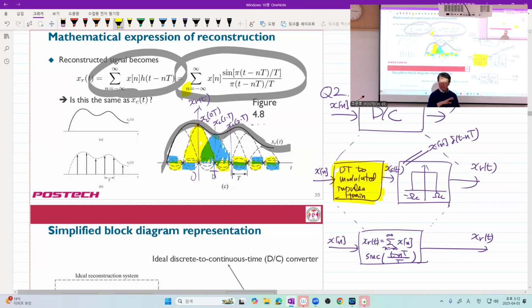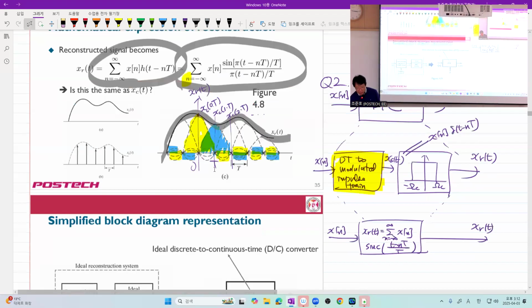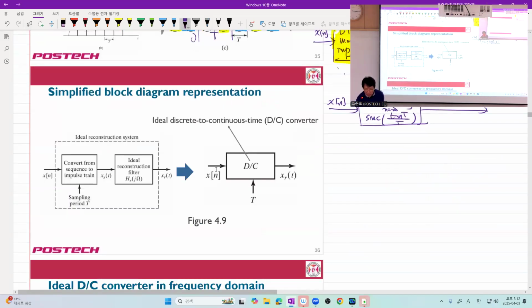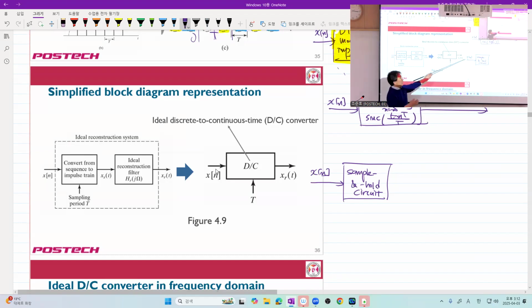So what they do is they design a so-called sample and hold circuit. Even though in the real world they handle continuous time signals, let's just believe it's well modeled as a discrete time signal. Then what's going on here?